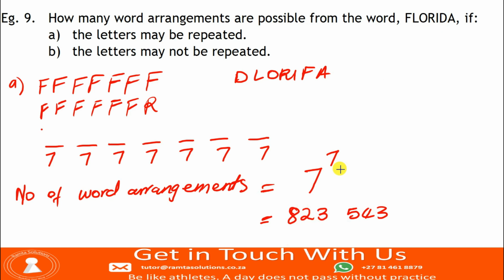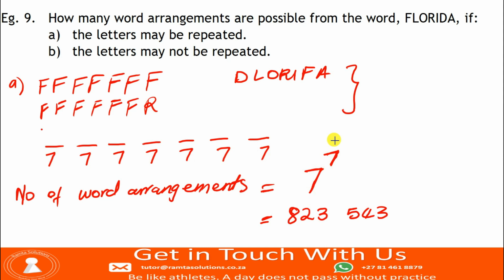Remember, this is just what the question is asking you. These are some of the words that you might come across, if they mean anything. So remember, this is 7 to the 7, in other words, 7 times 7 times 7 times 7 times 7 times 7 times 7.